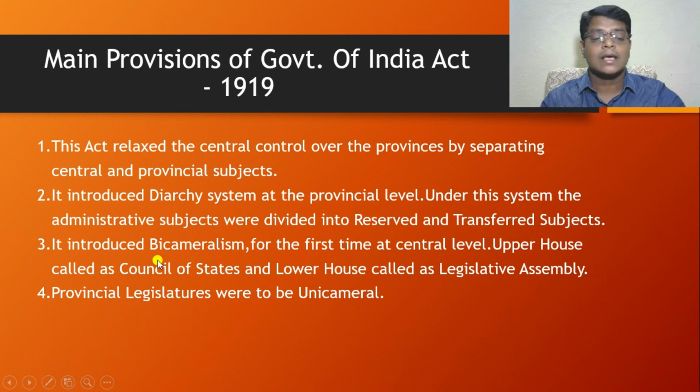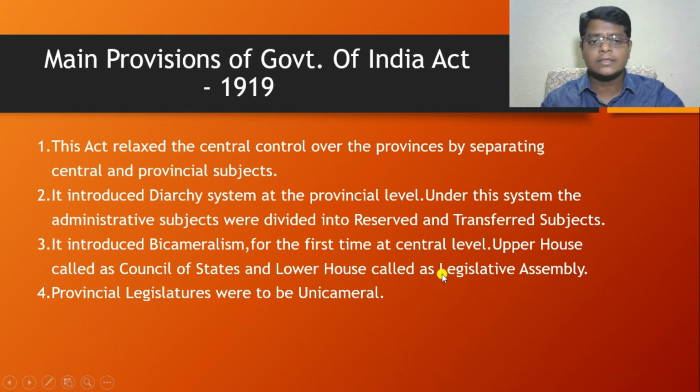This is the first time the British introduced a bicameral system in India, at the central level. The upper house was called the Council of States, and the lower house was called the Legislative Assembly.